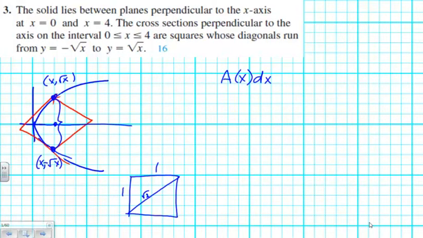Well, if I divide each of these numbers by root 2, I would find that when the diagonal is 1, I can find the length of the side by dividing that 1 by root 2. Or in this case, if I know that the diagonal length is 2 root x, I can find its side. So let me write that down. If the diagonal is 2 root x, that means the side will be 2 root x divided by root 2.